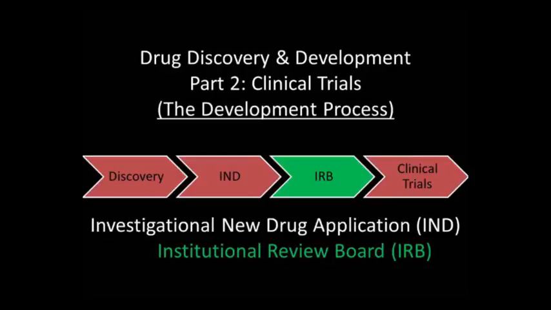This is to allow testing in human beings. So an IND is filed with the FDA that allows us to go ahead and do some clinical trial work before it is brought to FDA for final approval.